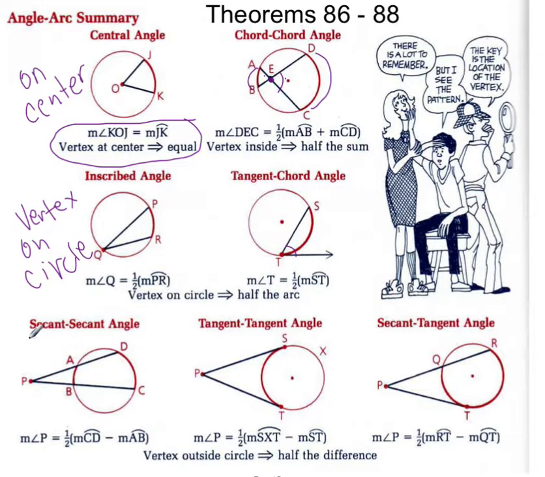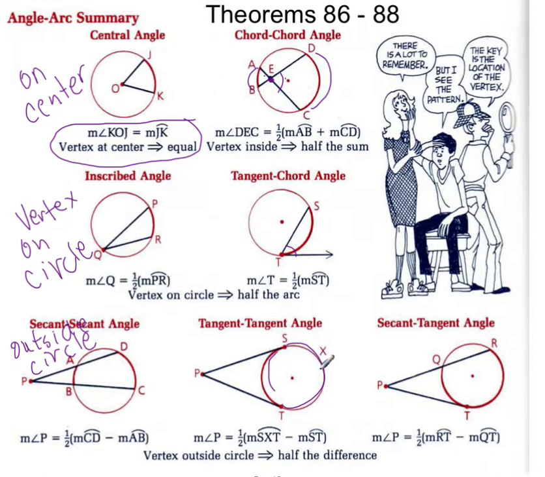In these three cases, the vertex is outside the circle. And you'll notice that the formula is consistent throughout. The measure of my angle is equal to half the difference of the big arc minus the small arc. And I really think about it that way. If you look here, here's my big arc, here's the small arc.